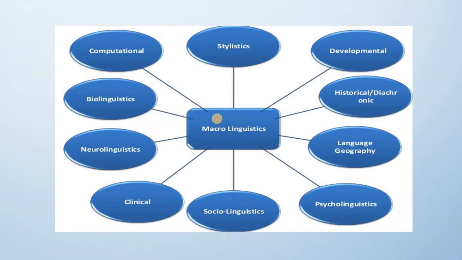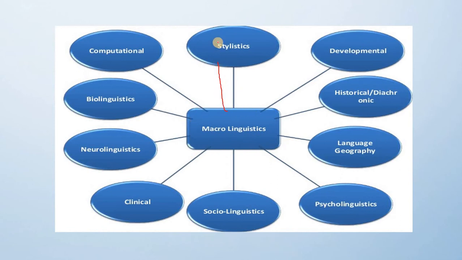The overlapping relationships between linguistics and all fields of study normally have produced something called macrolinguistics. So, what is macrolinguistics? Macrolinguistics is normally linguistics with another field. Let's have a look.